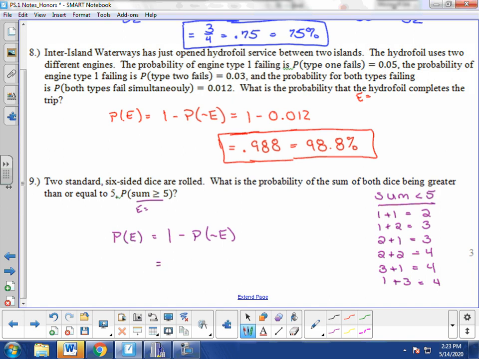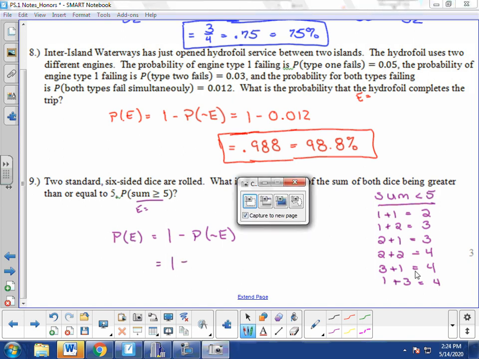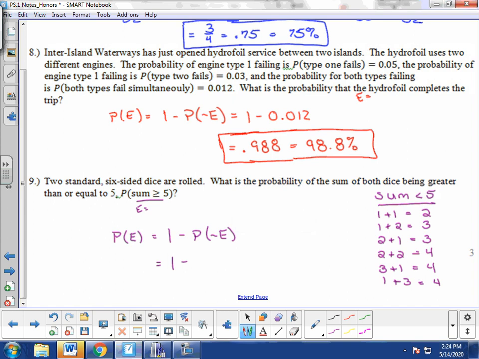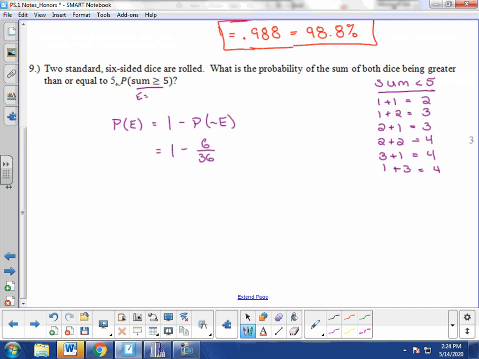6. So if I want to find the probability that I'd get a sum of greater than or equal to 5, it would be 1 minus the probability that I get a sum less than 5. So 1 minus 6 out of the total 36 options. So I can do 1 minus 6 out of 36, or 1 minus 1 over 6, which would be 5/6.